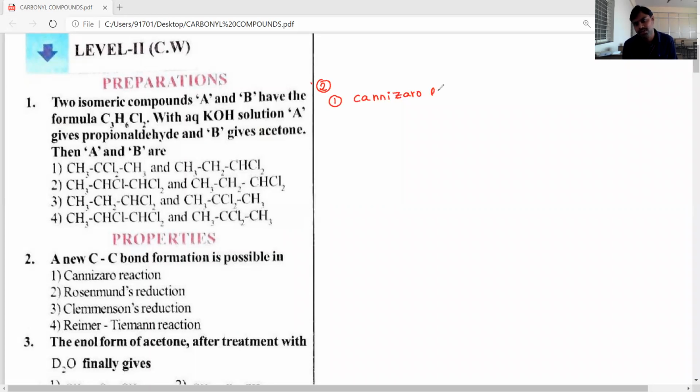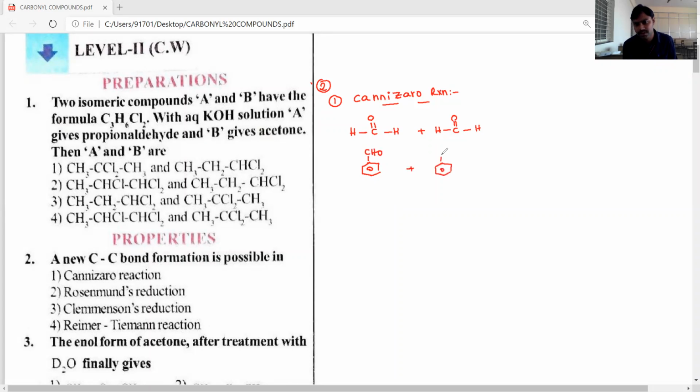Cannizzaro reaction. What is the Cannizzaro reaction, dear students? Aldehydes without alpha hydrogens, meaning absence of alpha hydrogen atoms, such as formaldehyde, two moles of HCHO, or benzaldehyde also. There are no alpha hydrogen atoms.